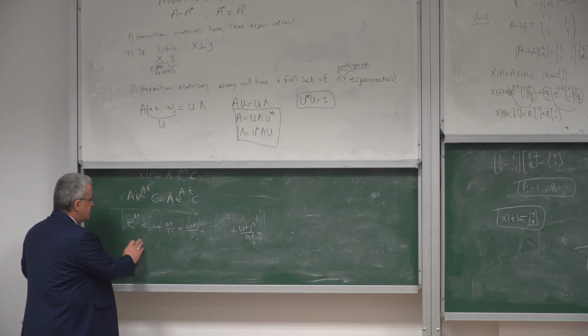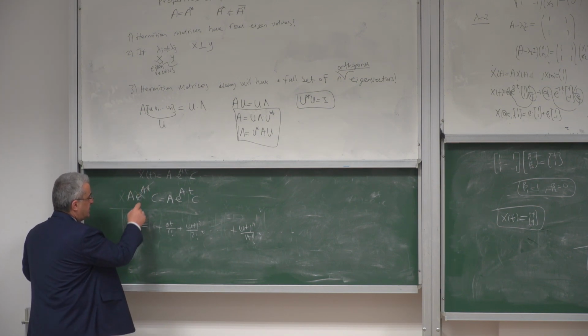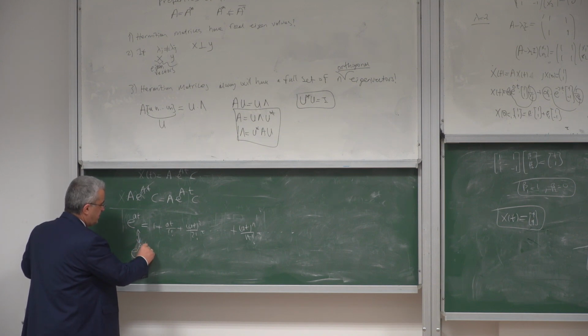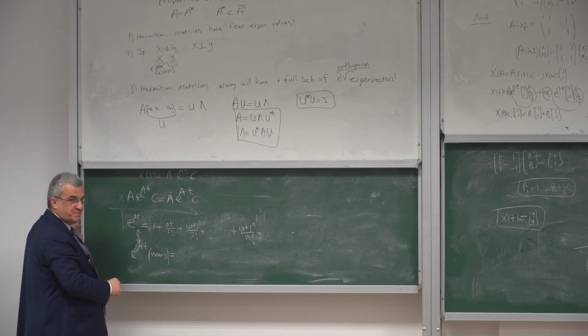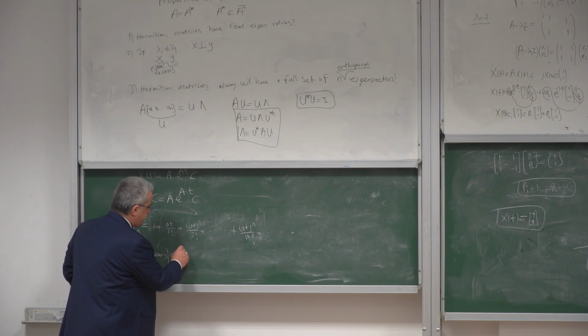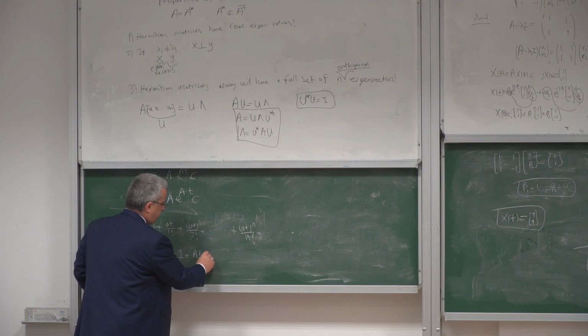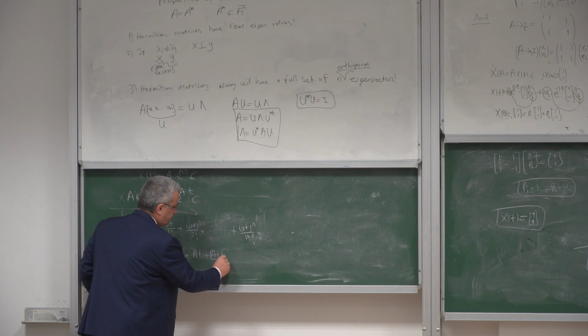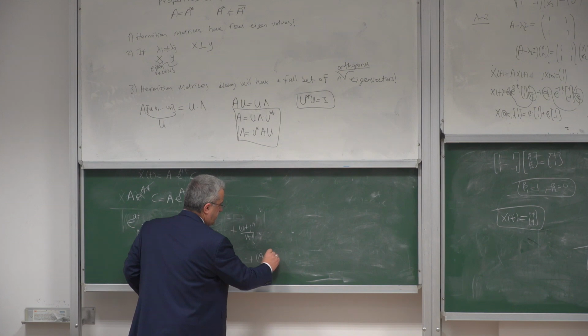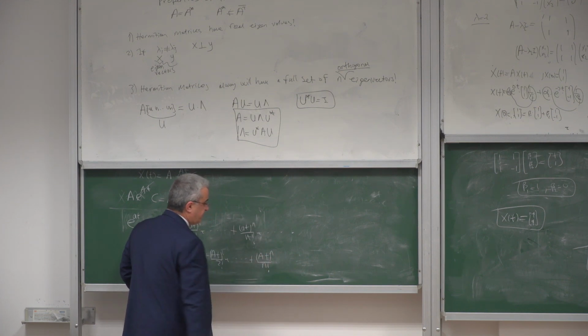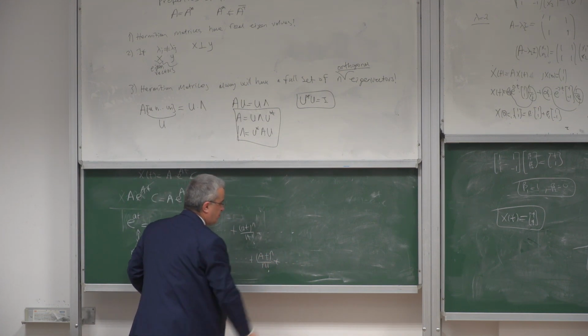So from this, we generalize this. E to the AT means, okay? I'm not going to say equal. This means identity plus AT plus AT squared over 2 factorial, AT to the power n divided by n factorial, and it continues like that.